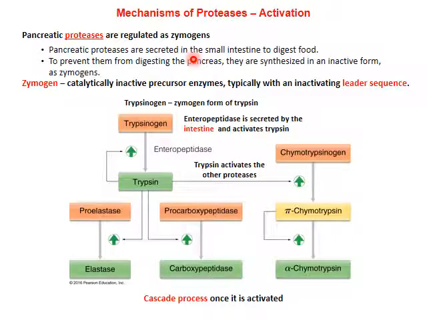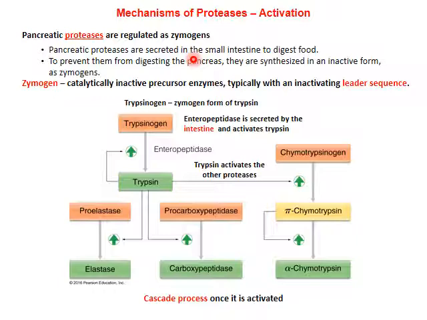So we have a number of proteases that assist in digestion, and in this case, making them in the pancreas, we don't want them active, so they exist as a zymogen, which is an inactive form, and they have to be modified in such a way to become active.